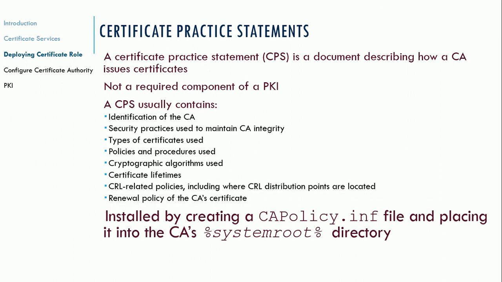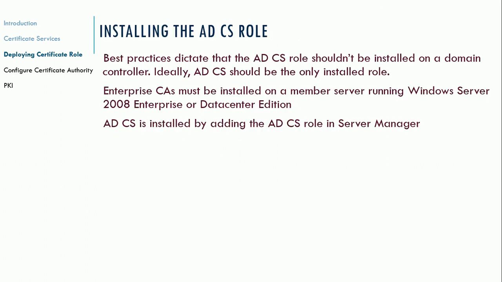So it's identification of the CA, security practices used to maintain CA integrity, types of certificates used, policies and procedures that are used, cryptographic algorithms that are used, certificate lifetime, CRL-related policies, including where CRL distribution points are located, renewal policy of the CA certificate. If you need to do this, you will do this by creating an INF file called CA policy, and you will place it into the system root directory on the CA. So that would be on the root CA server.